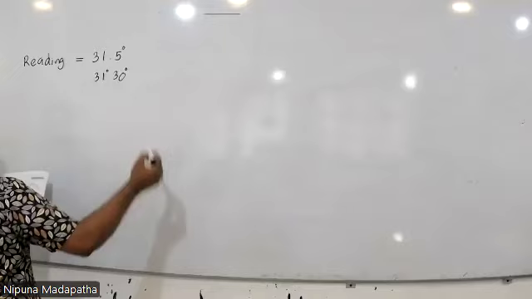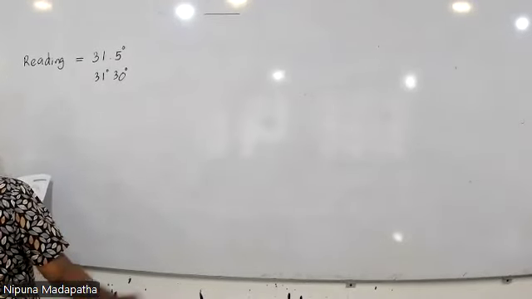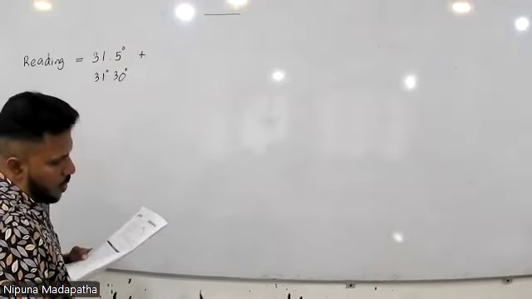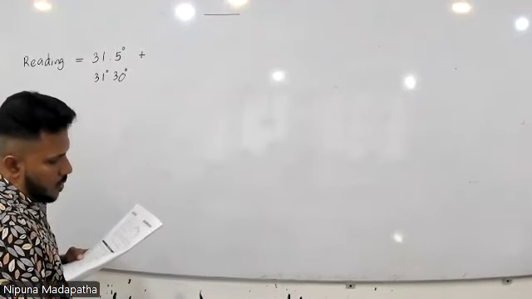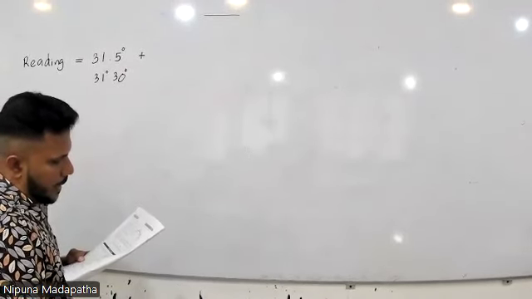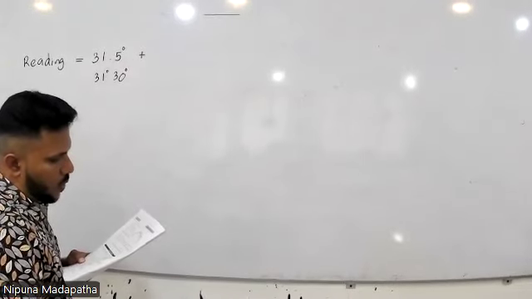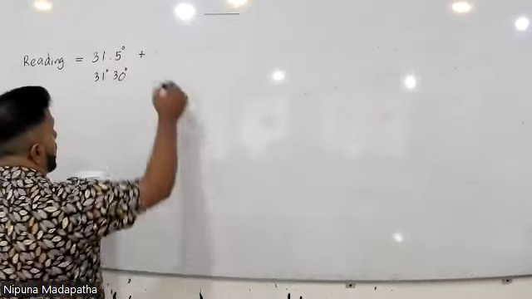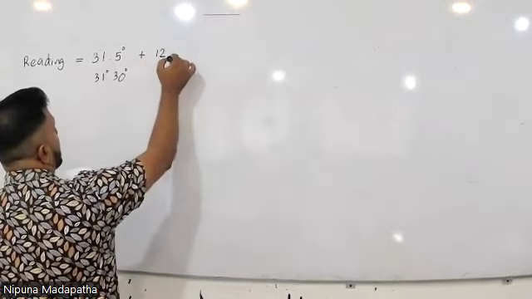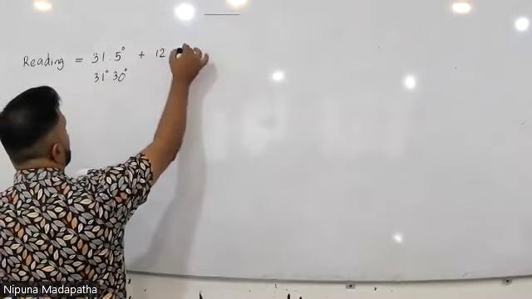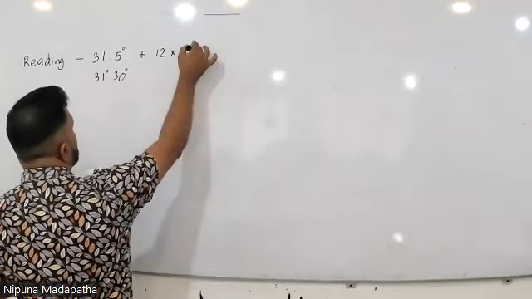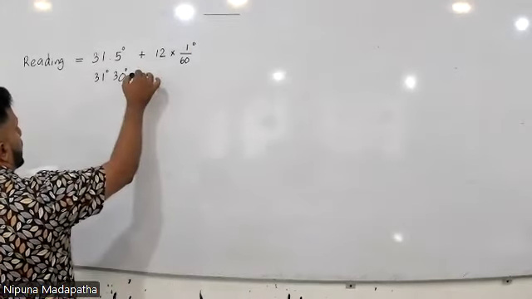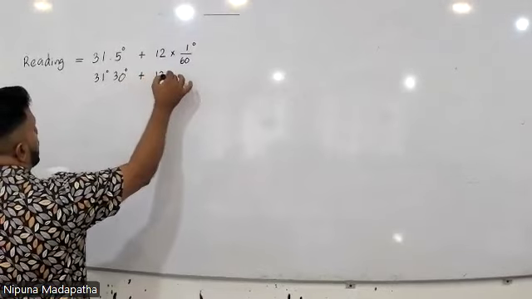I will do both the methods. Which vernier mark is in line with the main scale? Is it 12? Yes, 12th vernier mark. 12 into least count, 1 over 60 degrees. If you go with the minutes, 12 into 1 minute.